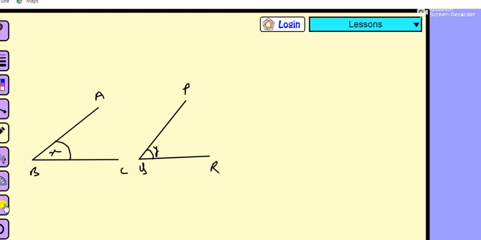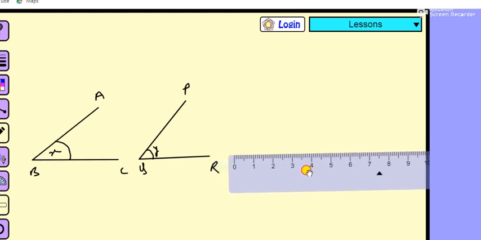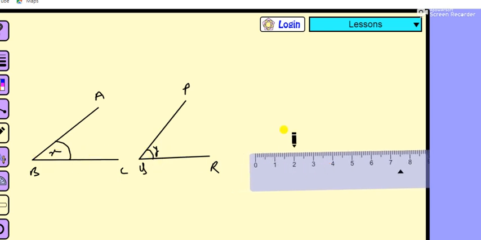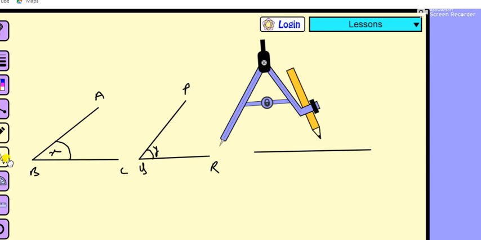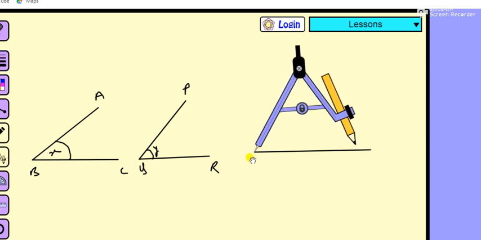First of all, take a scale and draw a line segment. The length is near about 6 centimeters. Take 6 centimeters. Now remove the scale and take the compass and keep it at this point.